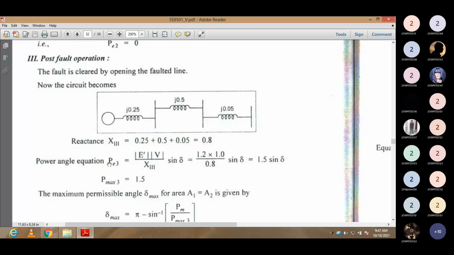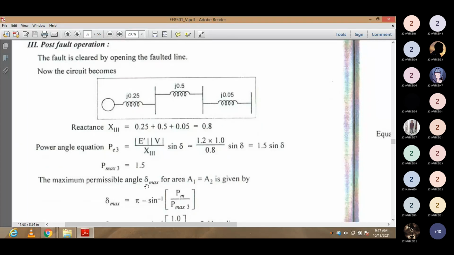So we know that the power angle equation P3 is E dash V by X3 sin del, post-fault. So the del value is not known to us, so keep the value as it is. So 1.2 into 1 divided by 0.8 sin del. If you simplify, 1.5 sin del, so I can say the maximum value is 1.5. So the maximum permissible angle del max.